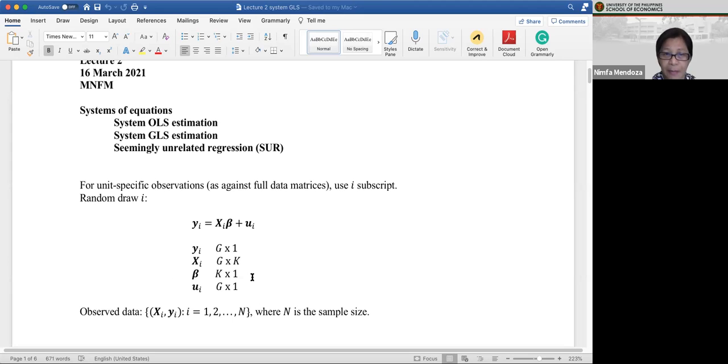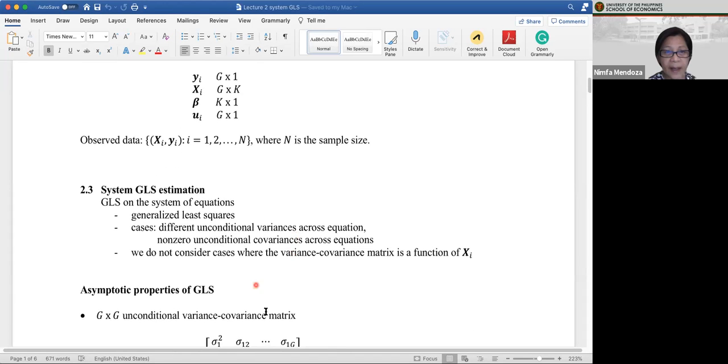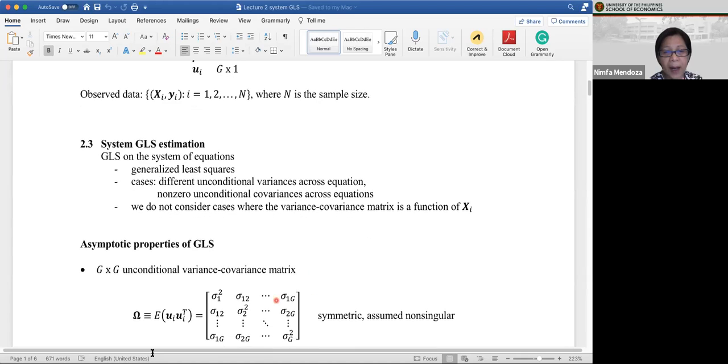We still have the same model in system GLS. GLS on the system of equations means that we're doing generalized least squares, and this allows for taking into account different unconditional variances across equations. So along the diagonal of the variance covariance matrix, these diagonal elements can differ.